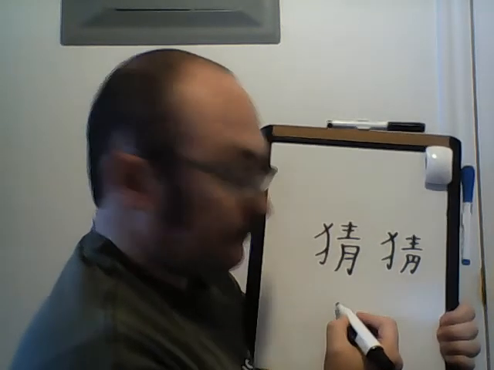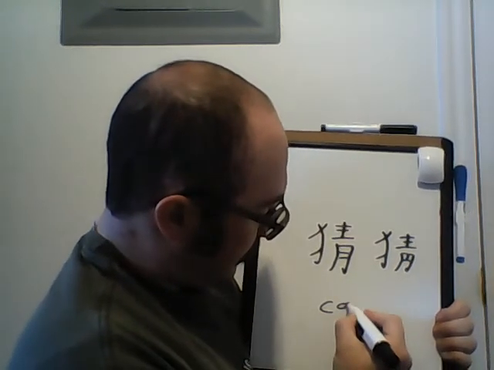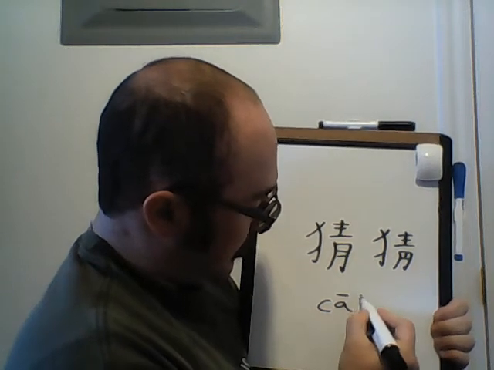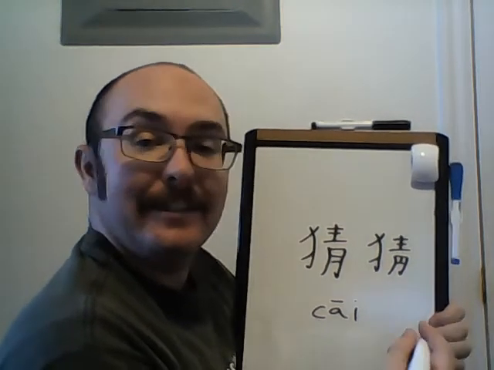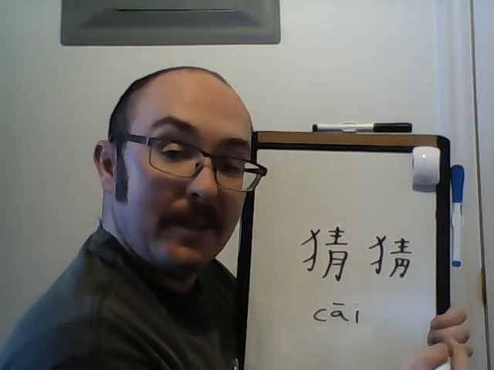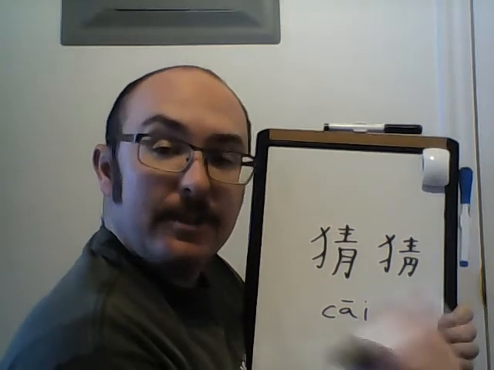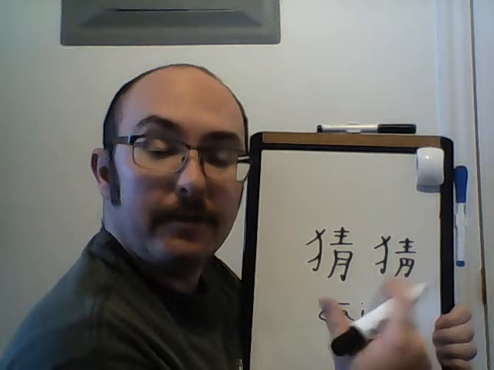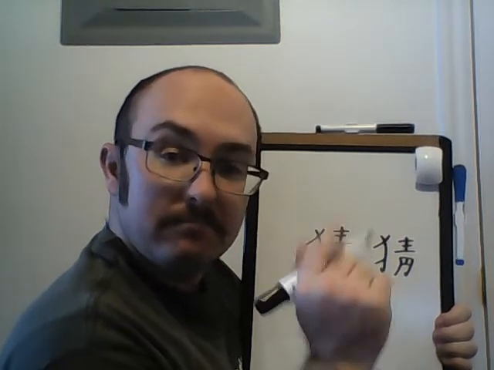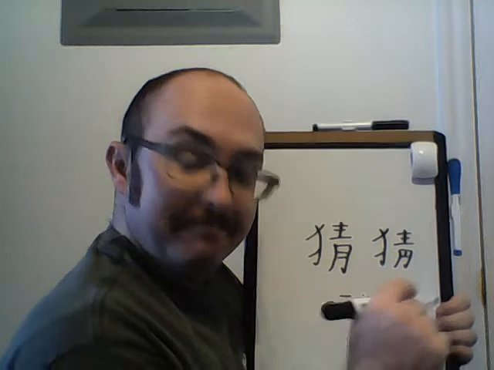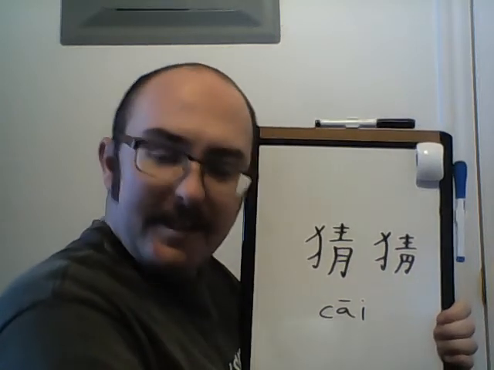But anyway, so this word is 猜, which means to guess. So if someone asks you, 你是哪国人? You can reply with 你猜, you guess. You can be kind of playful.